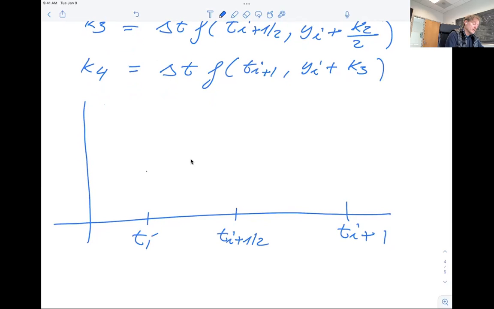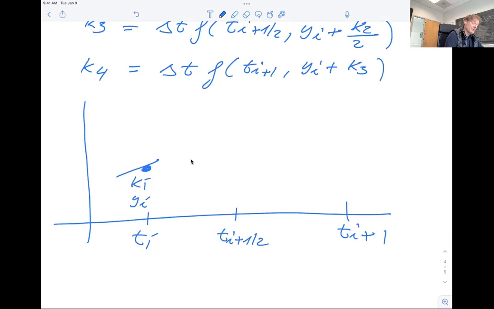Now, at this point here, we evaluate this quantity k1, and we evaluate y of i. So we know the value y of i, we can evaluate k of i, and that gives us the slope here.